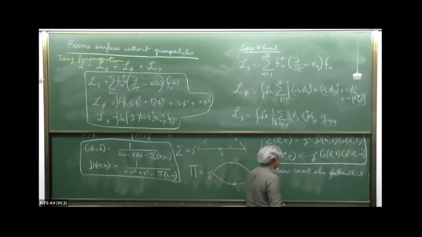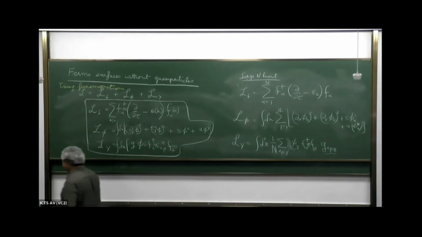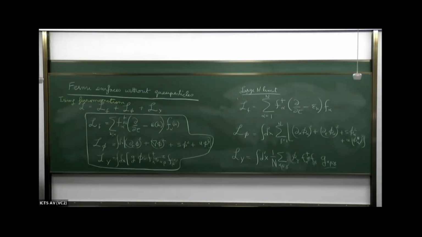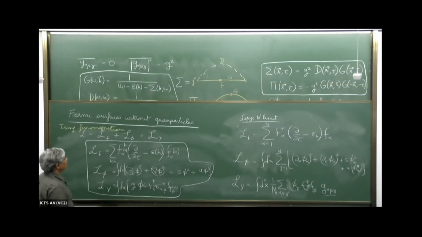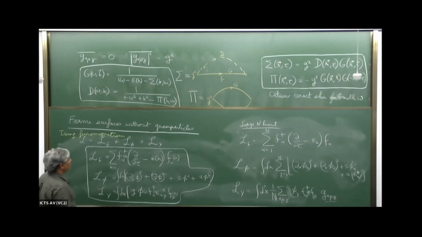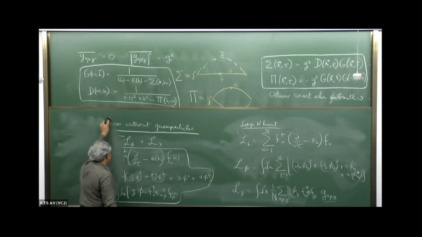So let's just begin with the very simplest graph, which is where actually all of the important features emerge. So what we're going to begin with is just evaluate pi using G naught.